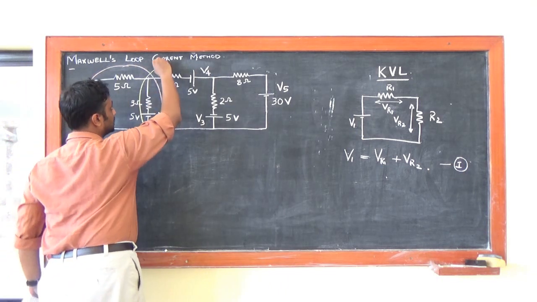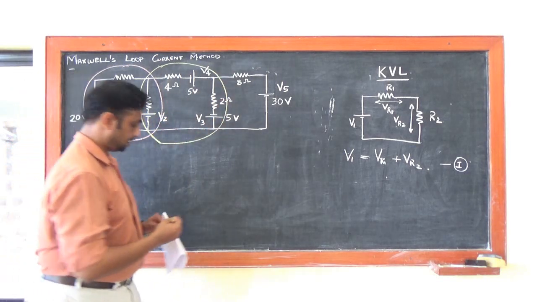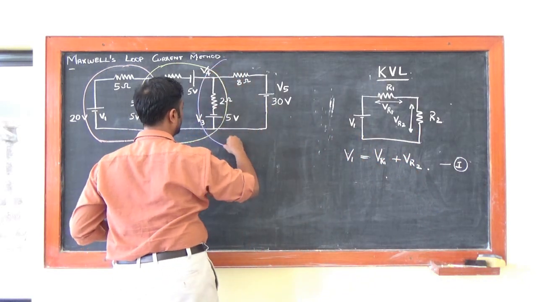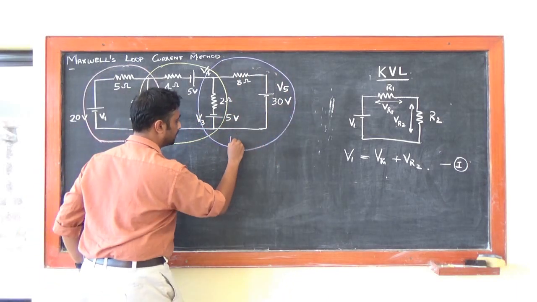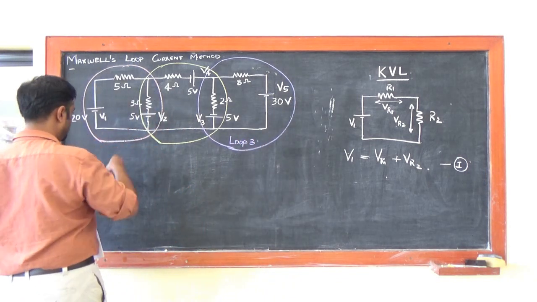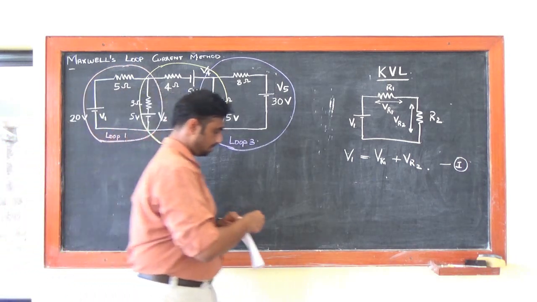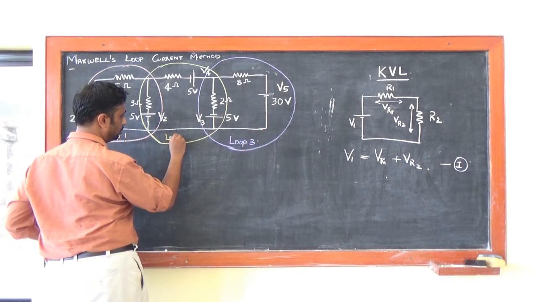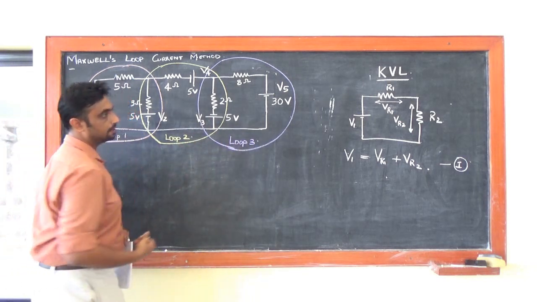I can take this as loop 2. And I can take this as loop 3. So totally I have 3 loops: loop 1, loop 2 and loop 3.